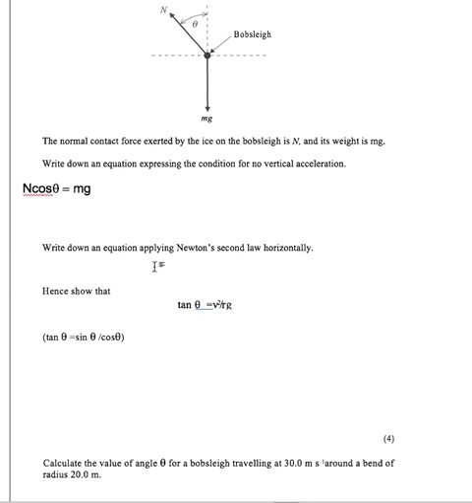Write down an expression applying Newton's second law horizontally. Well, you have n sine theta is the horizontal component, and F equals n sine theta. There is no other force opposing that, so that is our centripetal force.